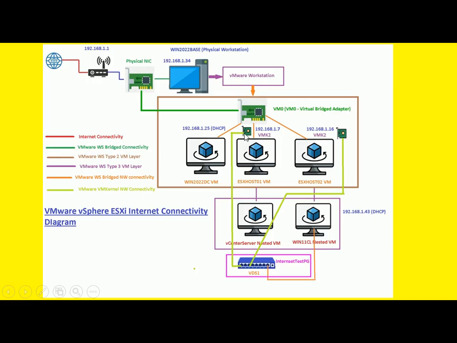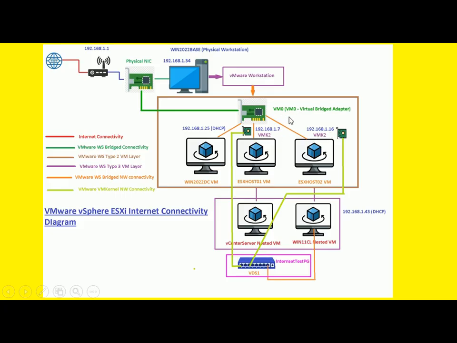We need to create one virtual kernel adapter, one for ESX host 01 and one for ESX host 02. So two different virtual kernel adapters, and those will have their own NICs. Those NICs will have the IPs 192.168.1.7 and 1.16.